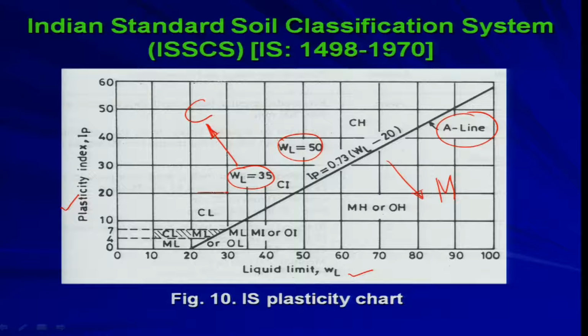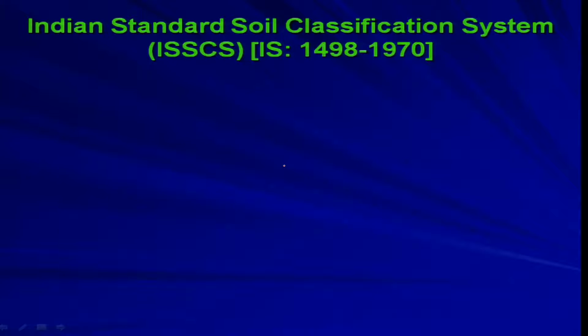Anything below 35% will be classified as low plasticity soil, anything above 50% will be classified as high plasticity soil, and anything in between these two will be classified as intermediate plasticity, that is I. So, you have understood broadly what the plasticity chart is, and later on we will refer to this chart for our soil classification system, particularly for the fine grained soil.